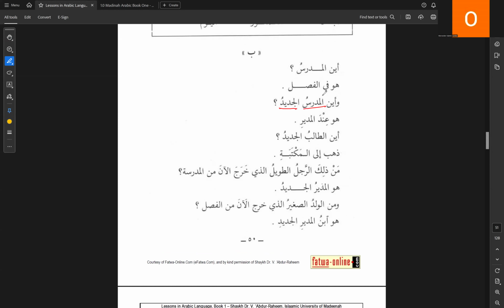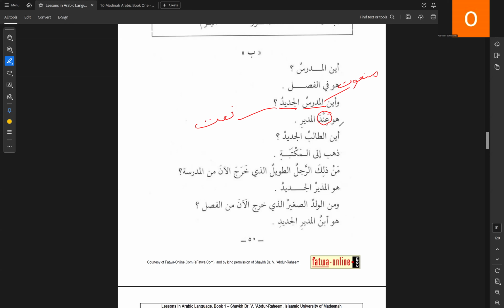They're the two words. This word and this word. Which one is the Nat? الجديد. Good. And that makes المدرس the منعوت. Right? Very good.